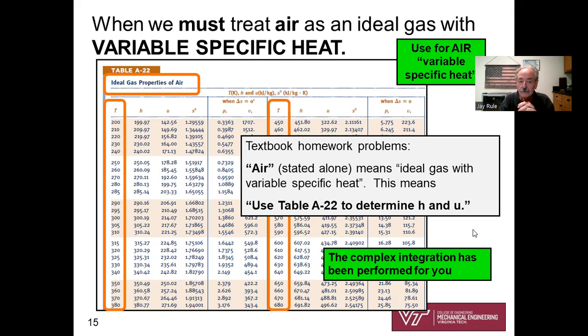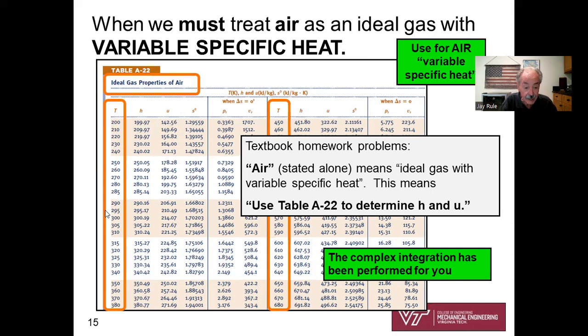Let's go to table A22, a handy table so you don't have to integrate. This is called the air tables. Table A22 applies only to the ideal gas air, the mixture of nitrogen and oxygen we breathe. Here, h and u are functions of temperature only.